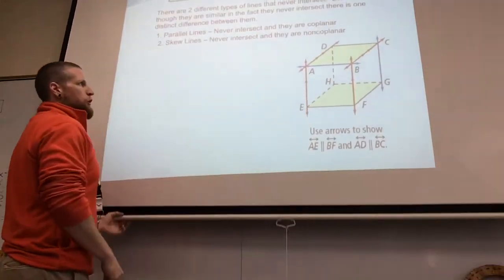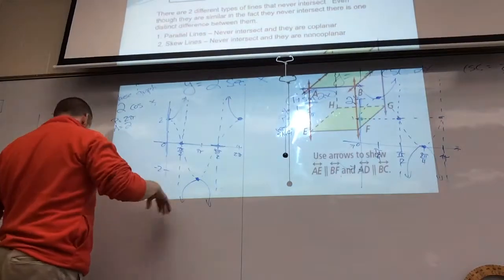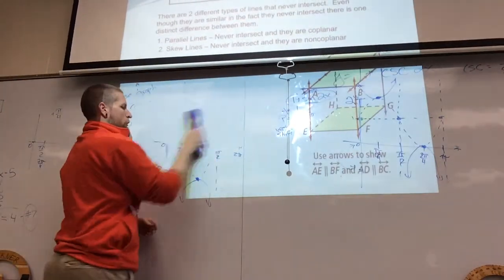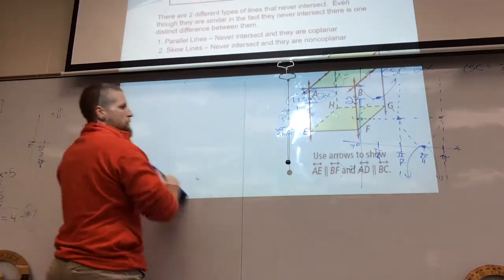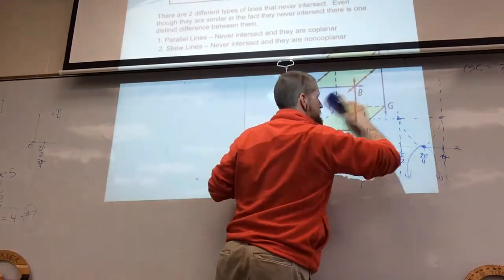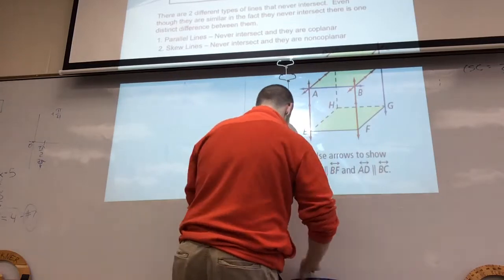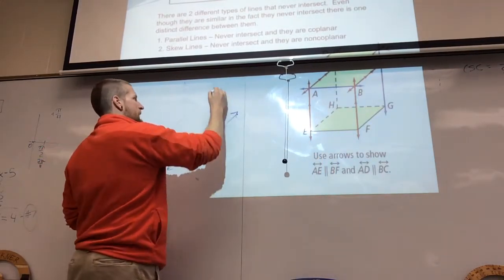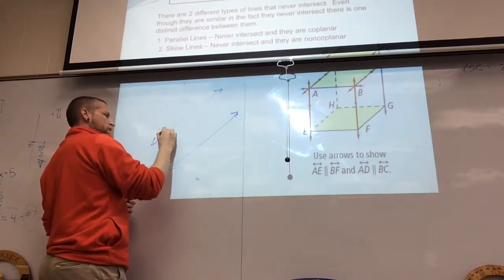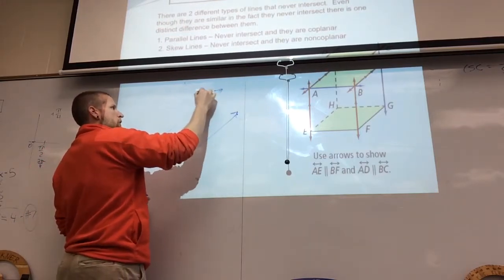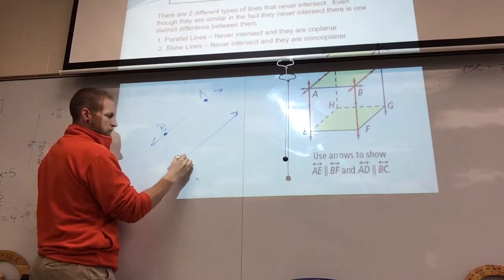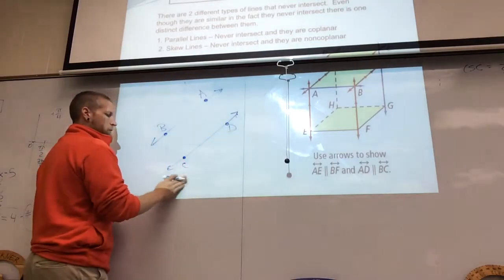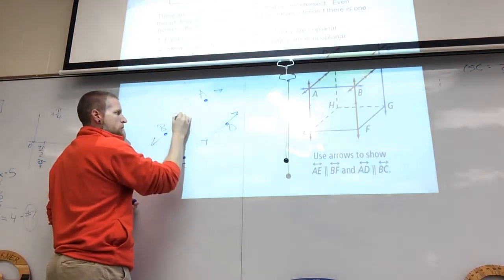So if I gave you the drawing, or even if I just drew two lines, and I wanted to convey to you that these two lines were parallel to each other without actually having to write anything else. Again, this is only talking strictly in terms of a diagram. The way I would do it is I would just put a little arrow.